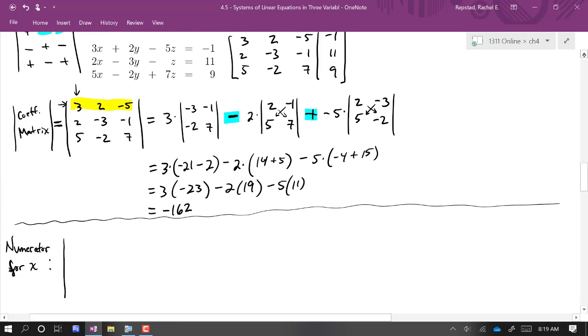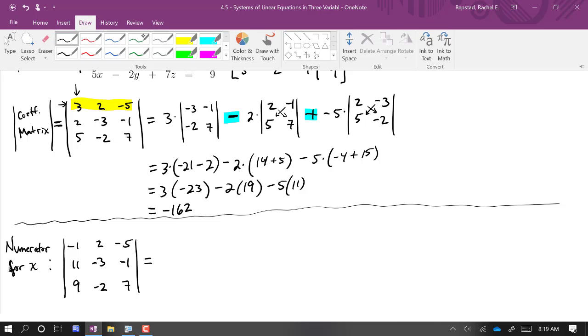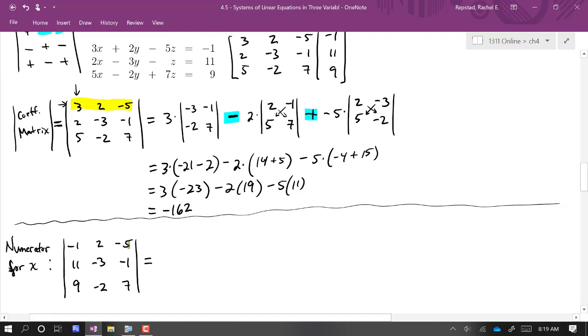So I'm going to replace the x column with the constants -1, 11, 9, and then the y and z columns stay the same. Again, I think I'm just going to use the first row. It's as good as any other.